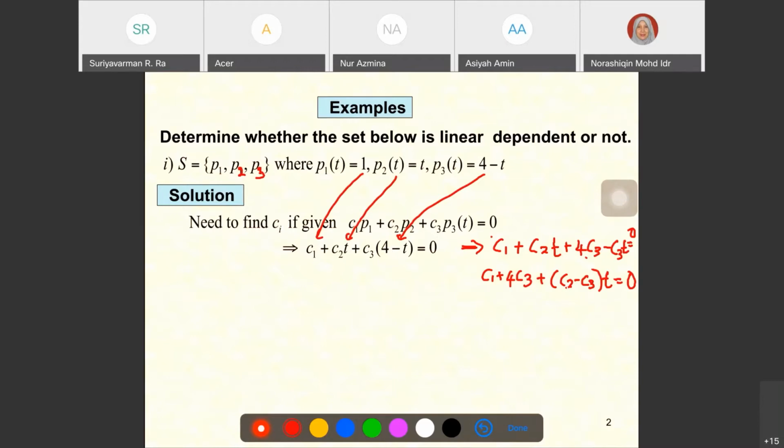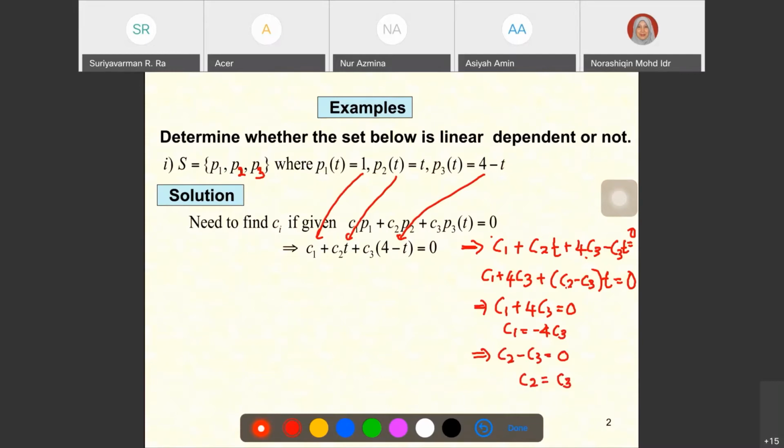So what we get here? C1 plus 4C3 equal to 0, so C1 equal to negative 4C3. C2 minus C3 equal to 0, so we have C2 equal to C3.